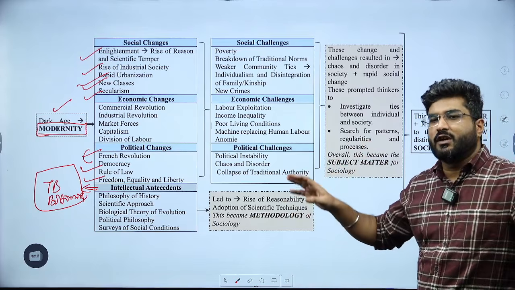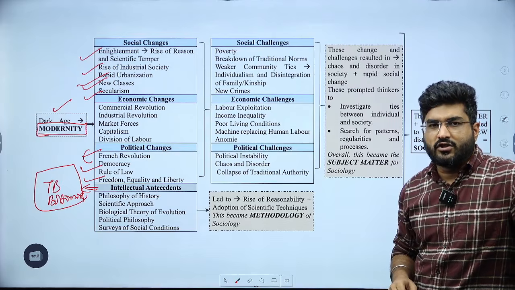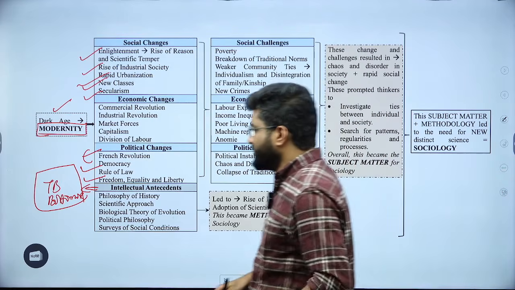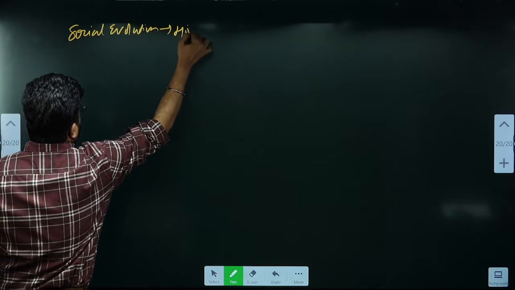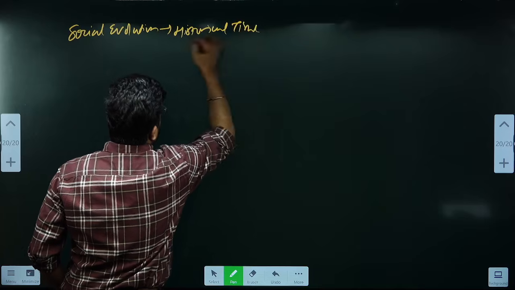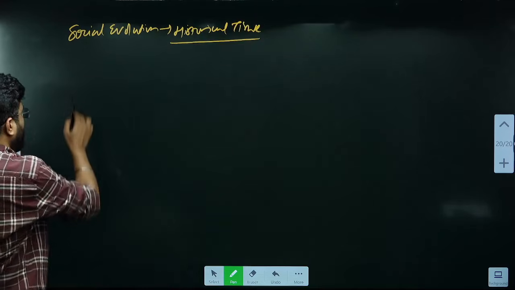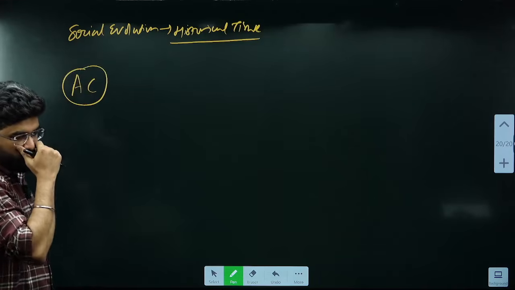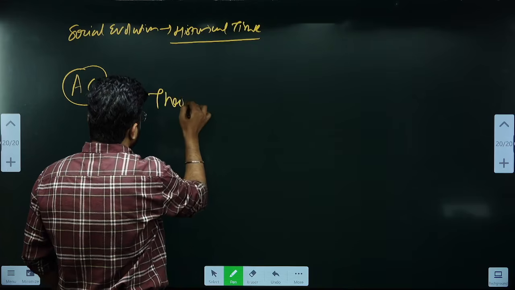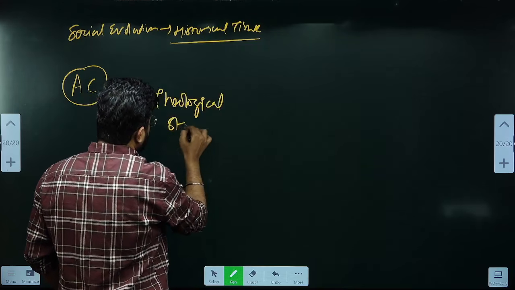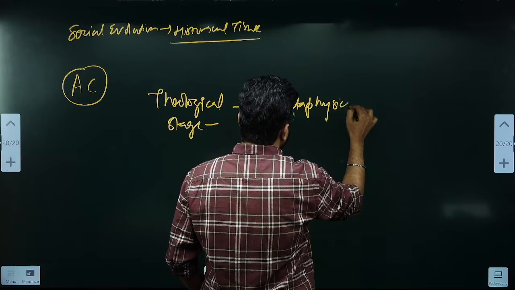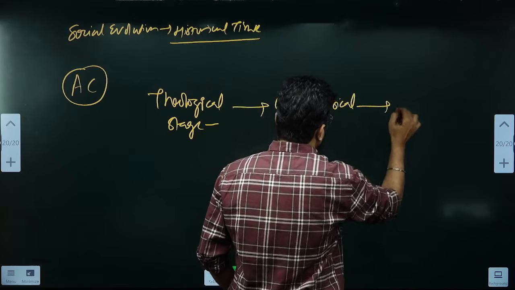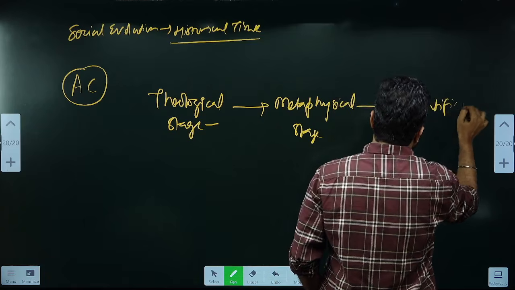These social changes are nothing but a philosophy of history, that society has moved through a social evolution from historical time. Like Auguste Comte says that society has moved from the theological stage to the metaphysical stage to the scientific stage.